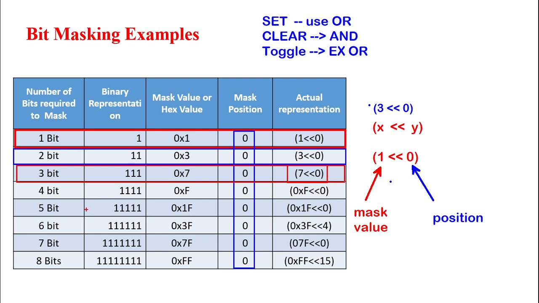Similarly, for 4 bits, it is 1111, the hexadecimal value is F, and the representation becomes F left shift of 0. It goes on like that. For 5 bits, it is 1F. For 6 bits, it is 3F. For 7 bits, it is 7F. And for 8 bits, it is 11111111 and the mask value is FF. When you write it in a pattern, it looks like this.